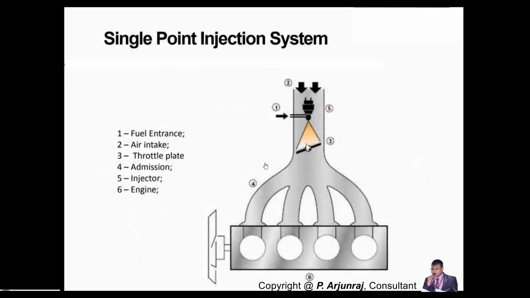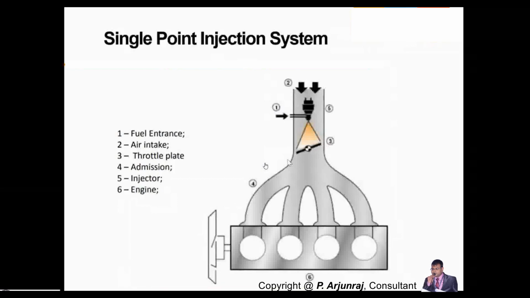You have a single injector for a single point injection system, which is placed near to the throttle valve. So here, number one indicates the fuel entrance. The fuel gets entered here and it gets injected. Number two is the air entry.